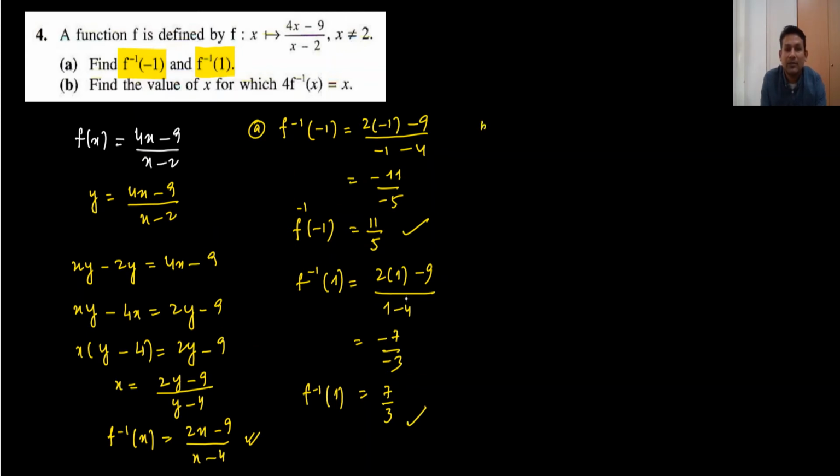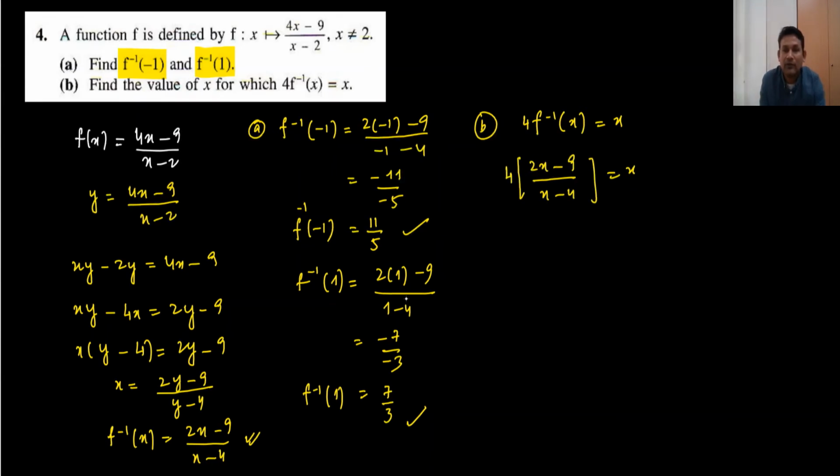Second, part b is given here. Find the value of x for which f inverse of x is equal to x. For this part we need to put the whole equation of f inverse here, 2x minus 9 divided by x minus 4 is equal to x, and we need to simplify now.